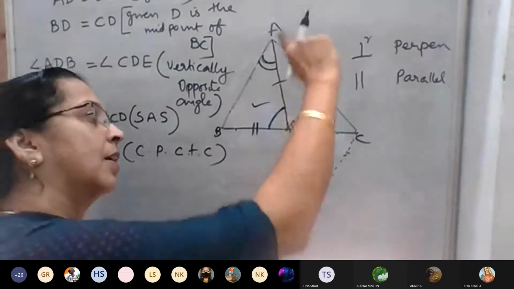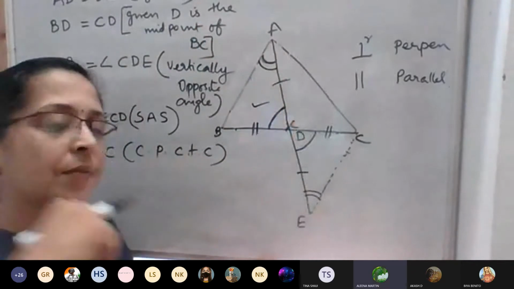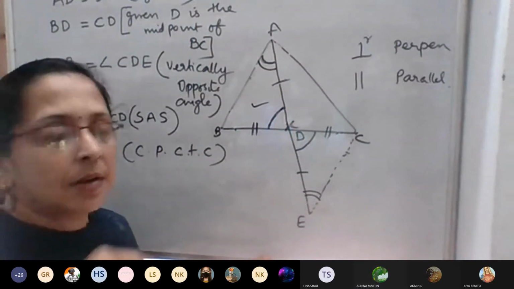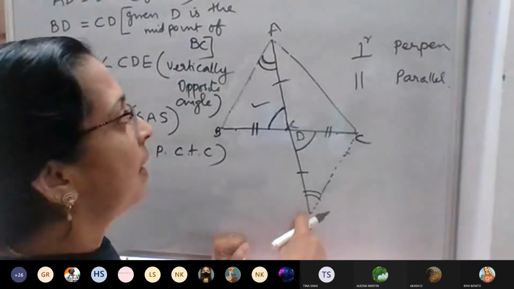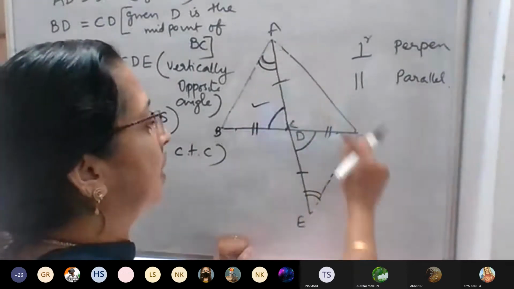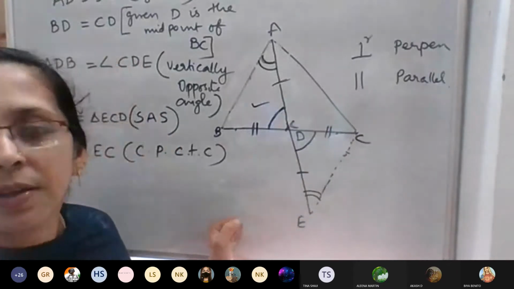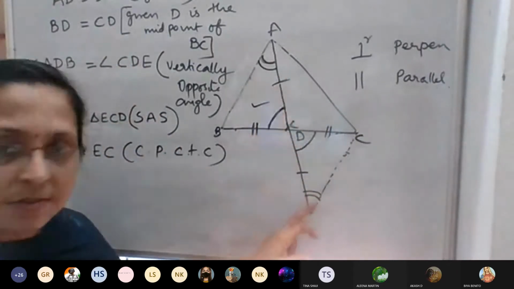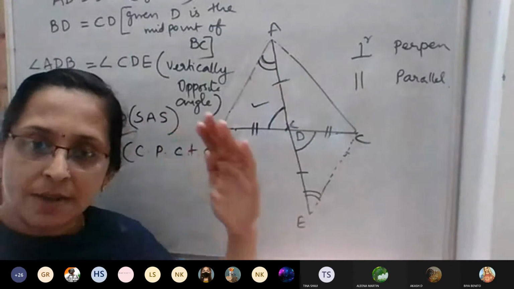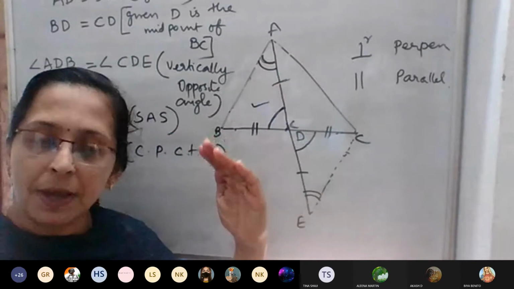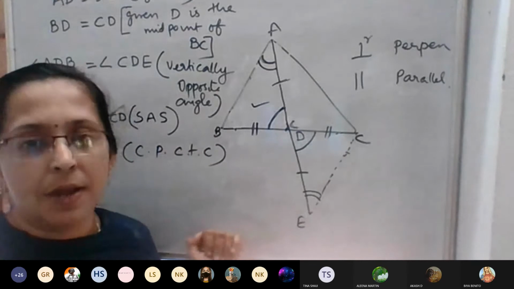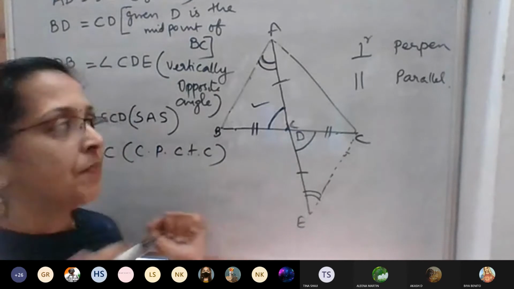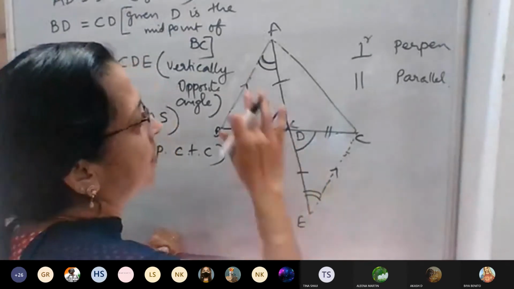These two are parallel. Just think, we can take this AE as a transversal. If these two angles are equal, directly we can say that AB is parallel to EC. Why? Because these two angles are equal, just the opposite of that. If two lines are parallel, we can say that two angles are equal. If two angles are equal, we can directly say that two lines are parallel. So we can directly say that AB is parallel to EC.